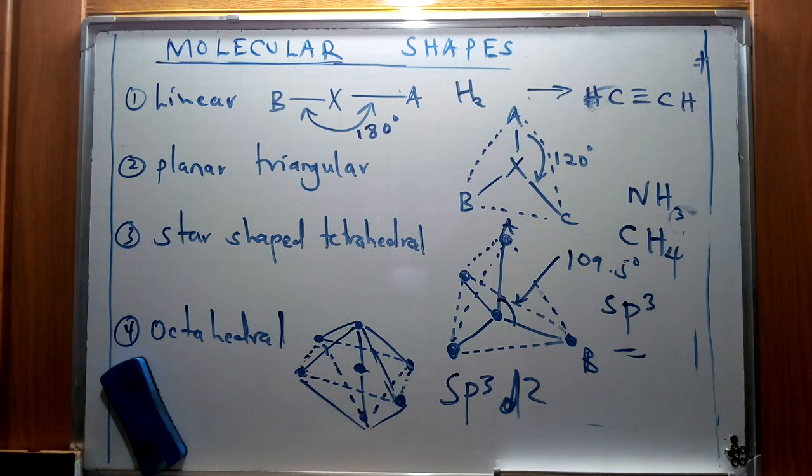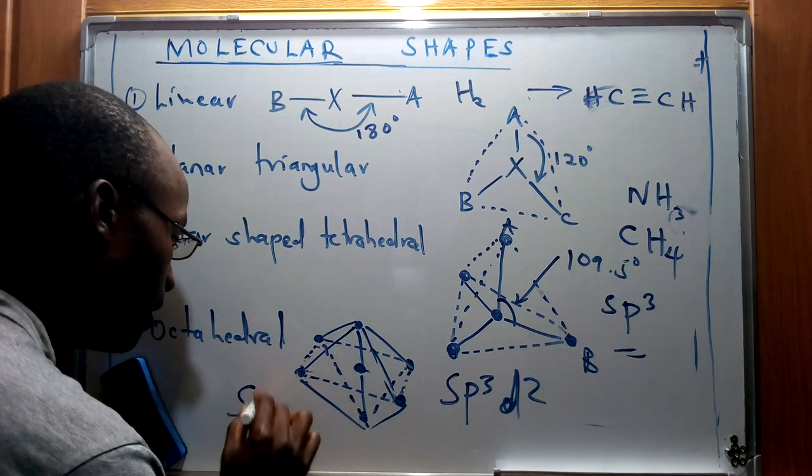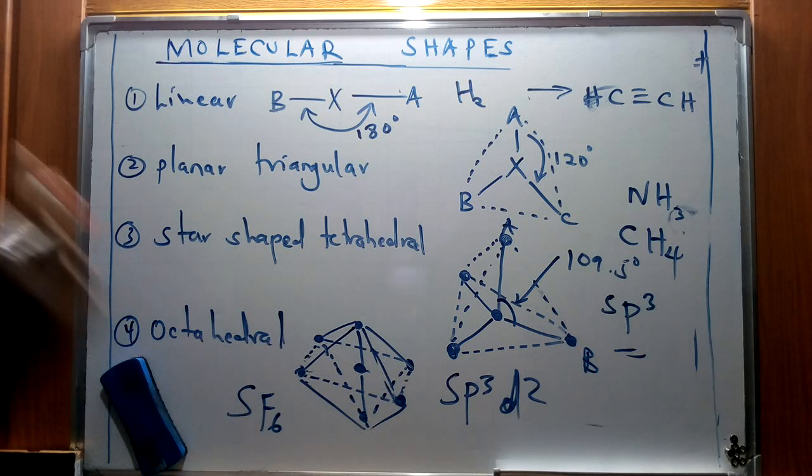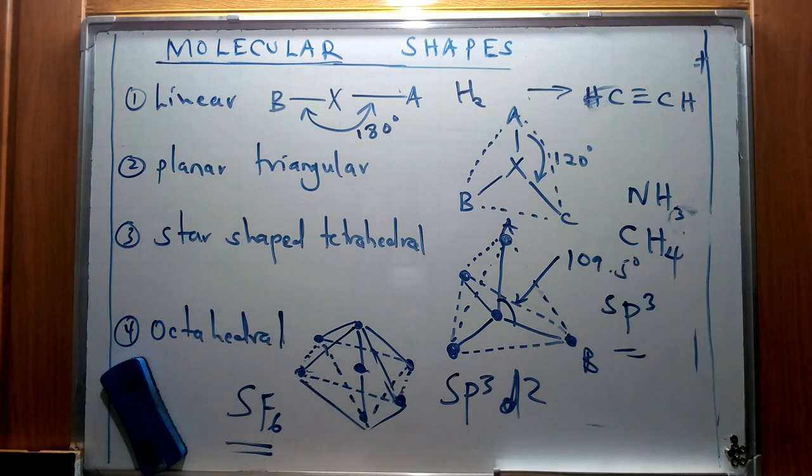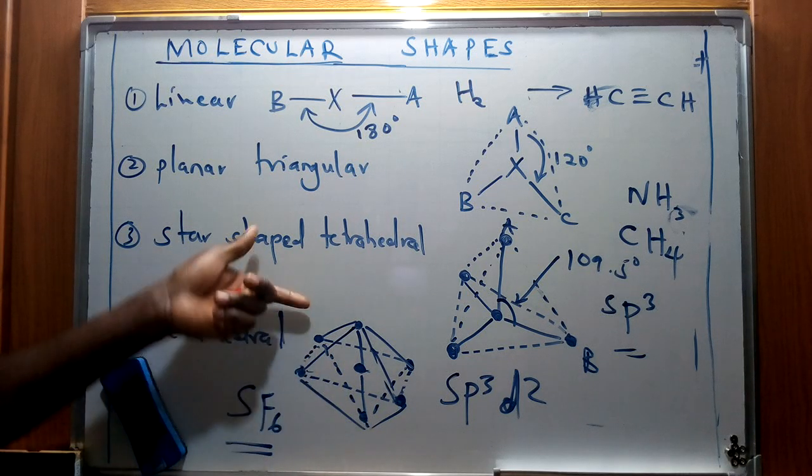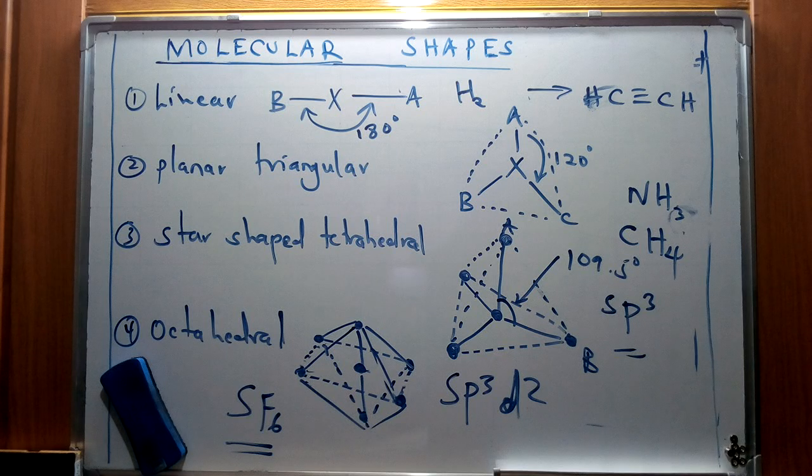So therefore we can give an example of SF6, which we shall learn about in detail when we explain these particular shapes as we come across them in our different discussions in the following other videos under this specific concept.